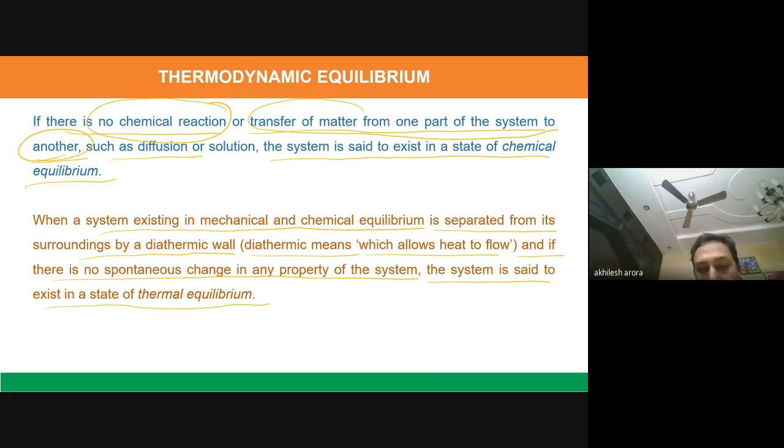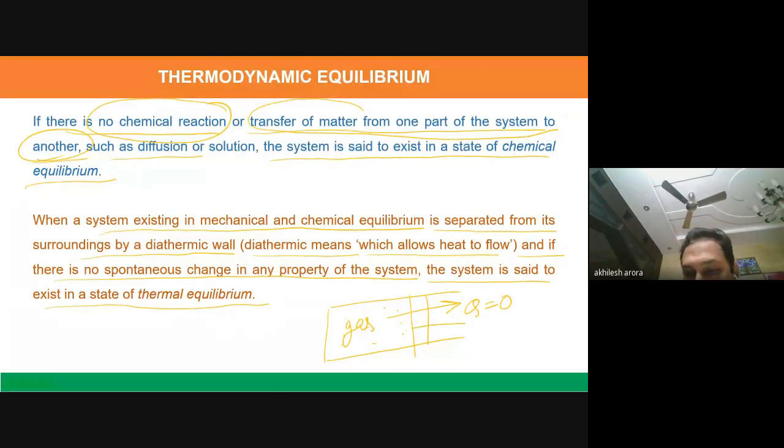What it means is, suppose this is the system and there is a gas, and no heat transfer is taking place, meaning the value of Q is equal to 0, the gas is not losing heat to the surroundings.